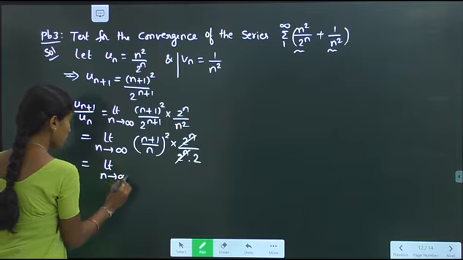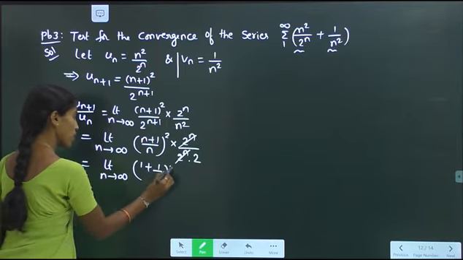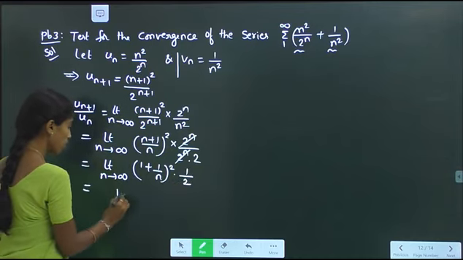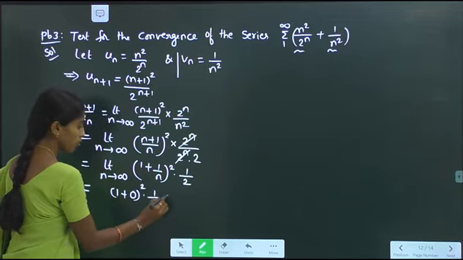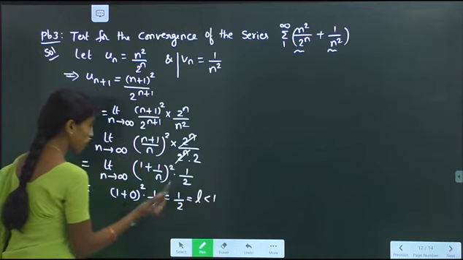As n tends to infinity, 1 plus 1 by n whole square into 1 by 2. Now apply the limit: 1 plus 0 whole square into 1 by 2. 1 by 2 is the limit value, less than 1.